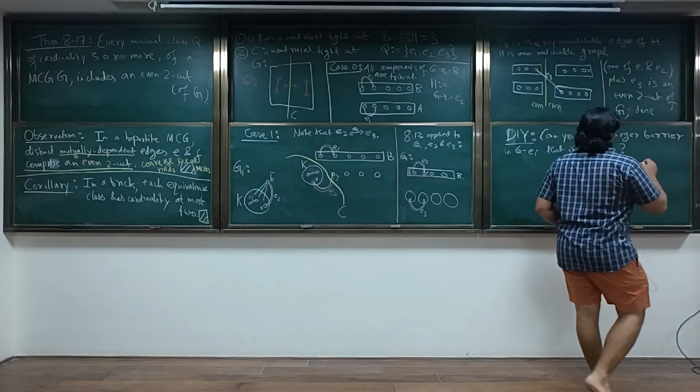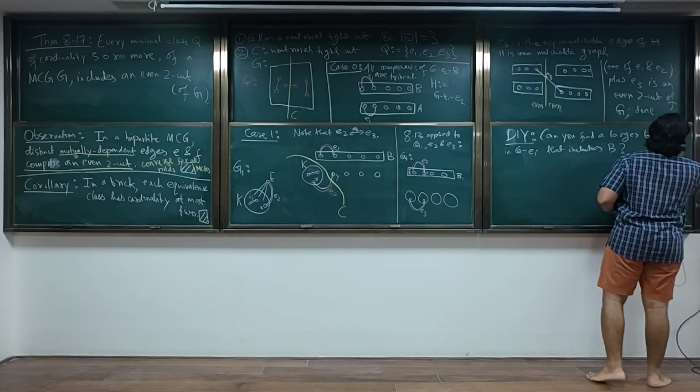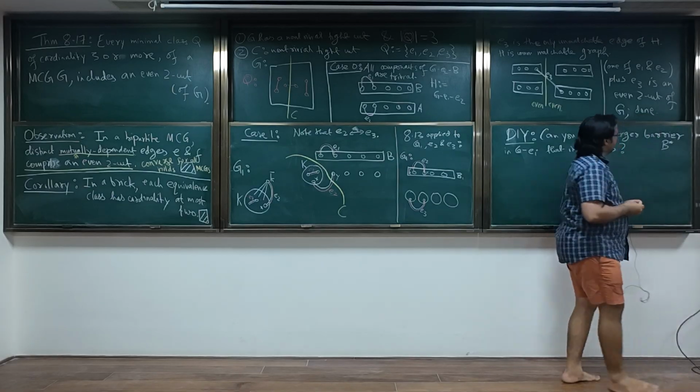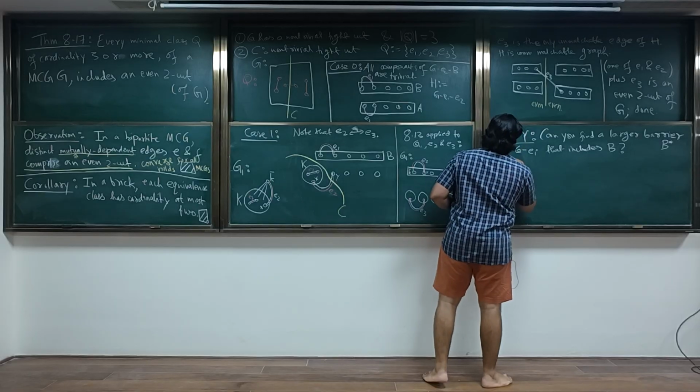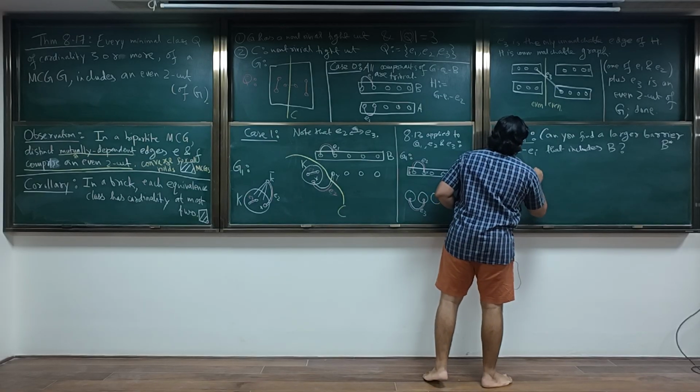I'll give it a name anyways, B star. So see if you can figure out what B star is and what Ei is.